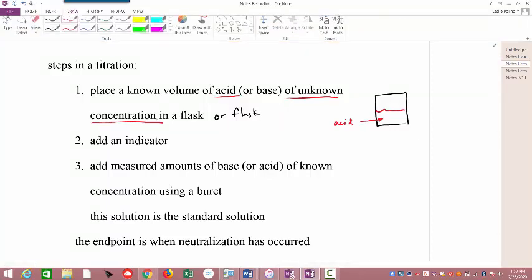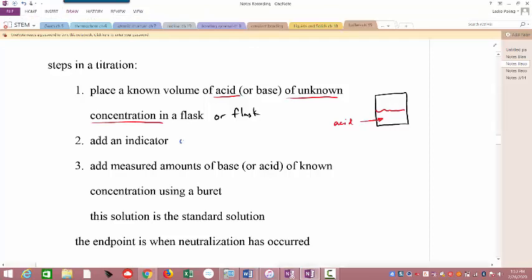That is actually optional. It's going to give a color change to help you see the end point. But when we're using a LabQuest and pH probe, you don't need it.